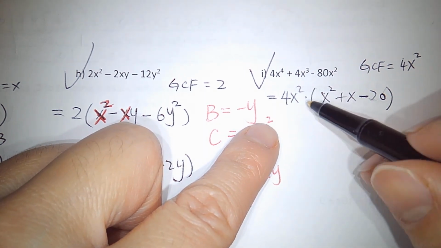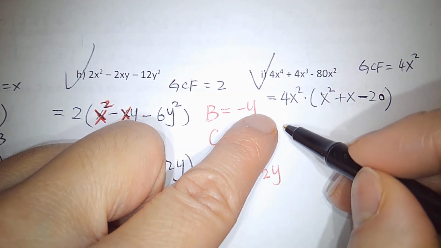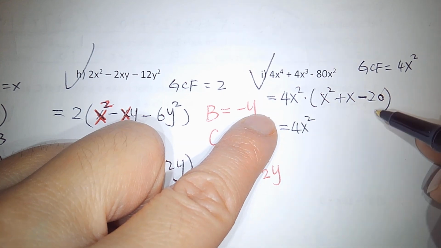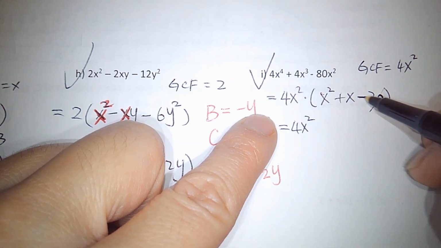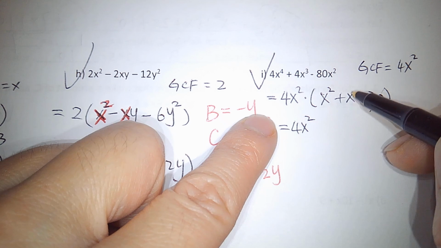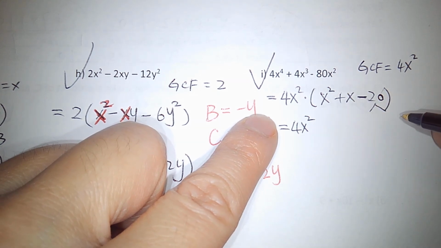Now how do we factor this trinomial? How can we factor negative 20 such that the sum equals positive 1?